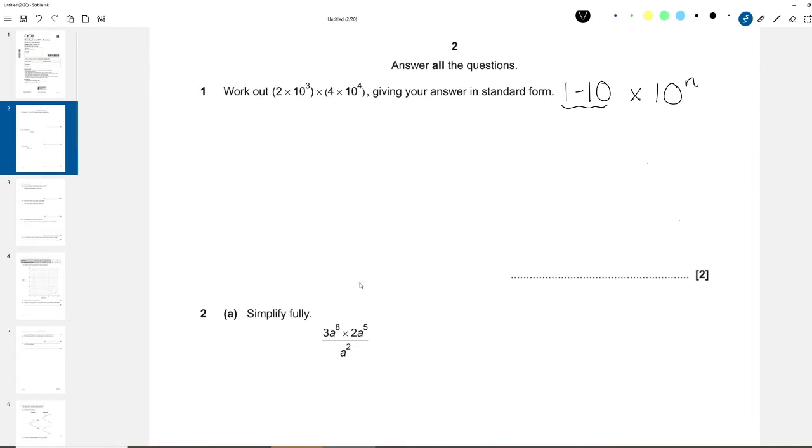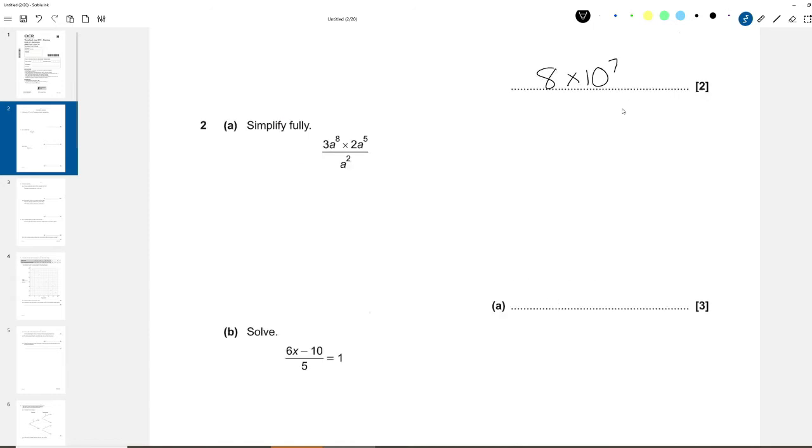Now with this one, all you have to do is times the numbers together, 2 times 4, which is 8, and you times the powers together. Now when you're timesing the powers together, you must add the powers. So you would get 10 to the power of 7. Now you check this. Is it in the format of 1 to 10 times 10 to the power of n? Yes it is, so I don't have to adjust it. So my answer would be 8 times 10 to the power of 7.